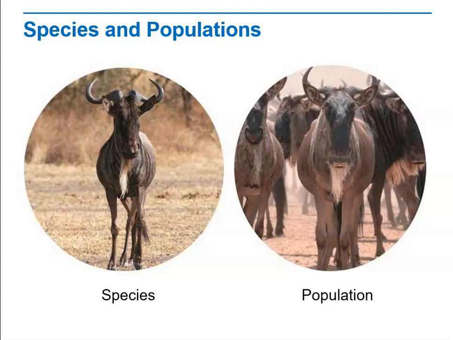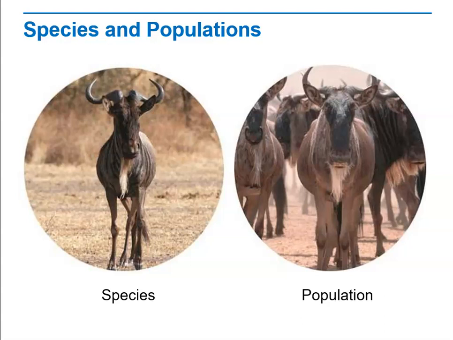You could say everybody that lives in California is part of the same population. You could say all of the dogs that live in Los Angeles County are part of the same population. But we can have different sizes as well. We can say all the people in the United States are the same population.